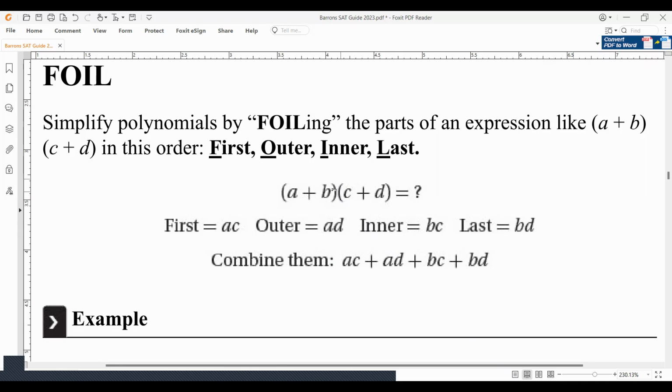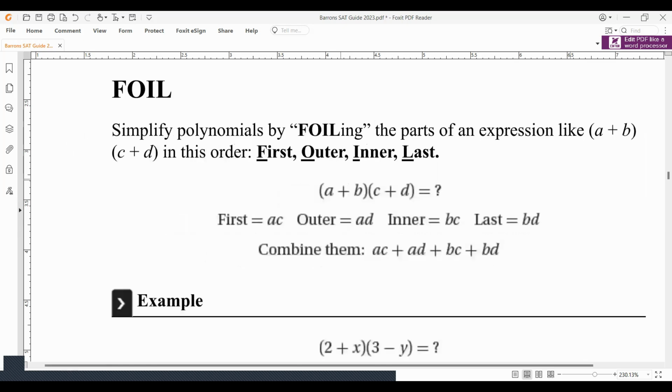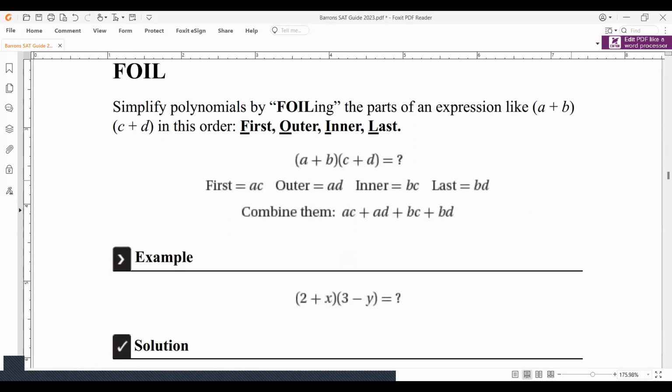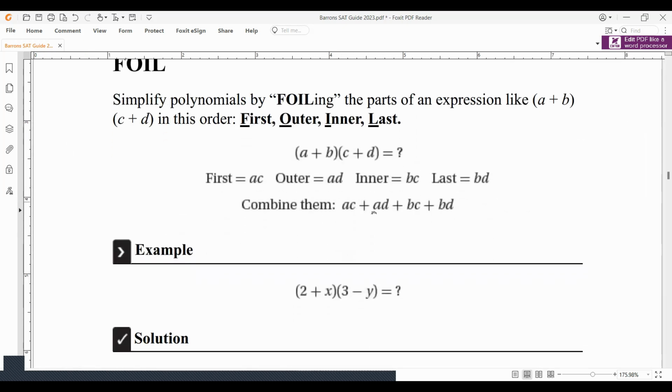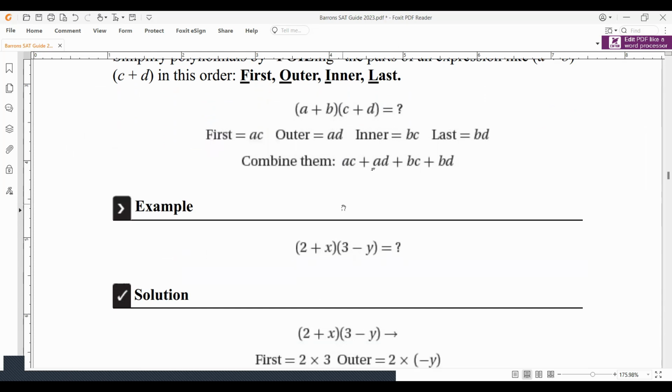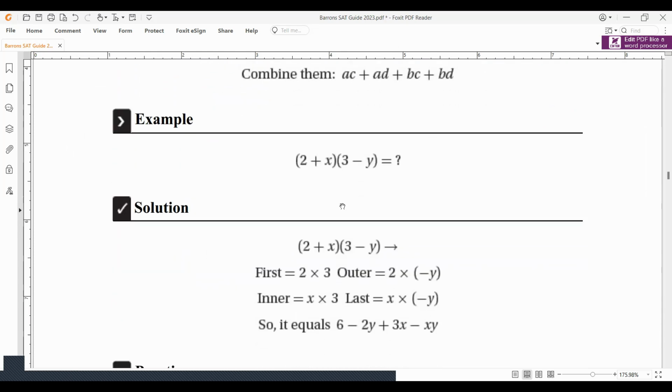Simplifying polynomials doesn't mean anything other than writing this as AC plus AD plus BC plus BD. Oh, I think you already know this. So you already know this. I am not going to talk much about this.